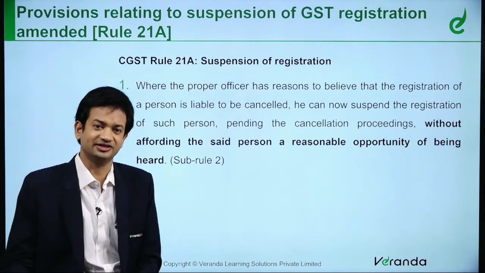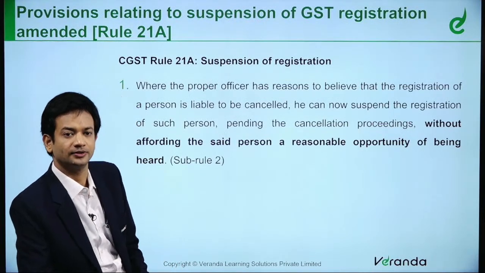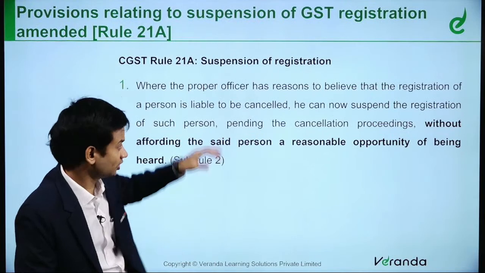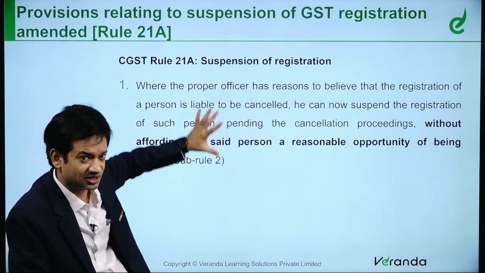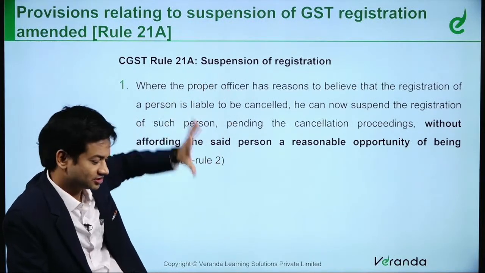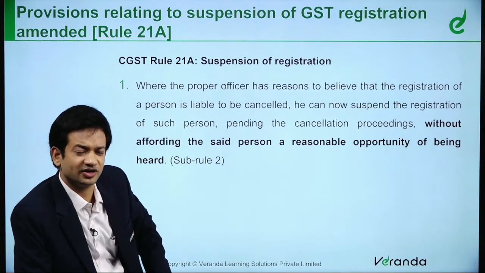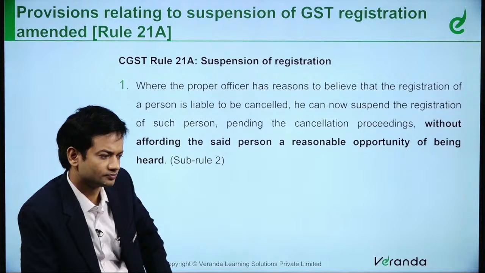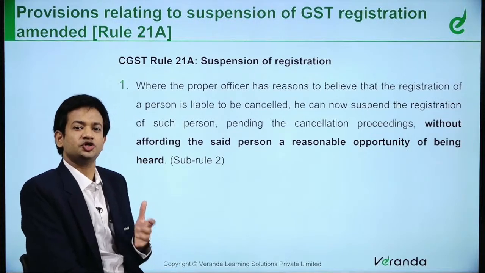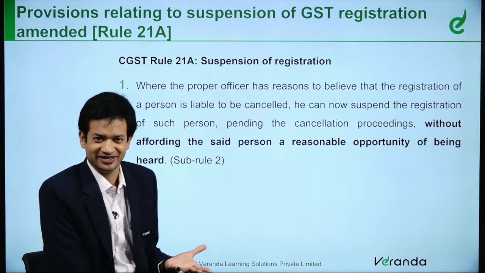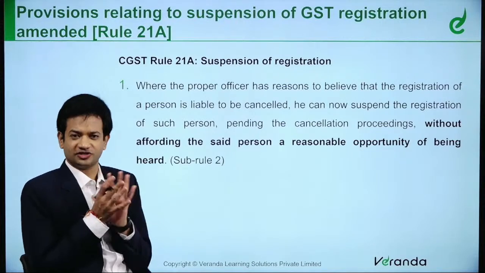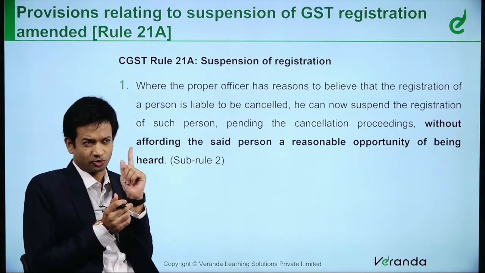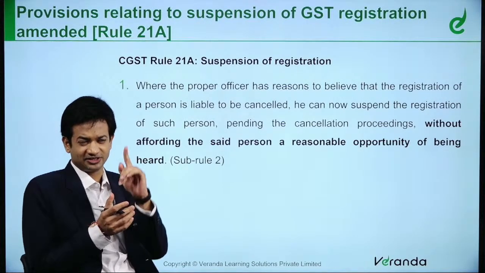Now first here they made an amendment under Rule 21A, sub rule 2. Sub rule 1 has no amendments, so I have not discussed it. Sub rule 2A says, see, if an officer wants to suspend my registration, earlier he should provide me an opportunity of being heard. So let's say I'm a taxpayer, suddenly an officer feels, no, Sumit is doing some wrong activity in the business, let me suspend his registration.